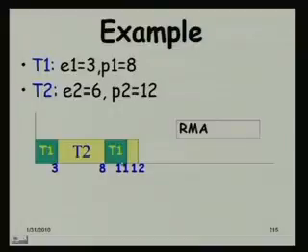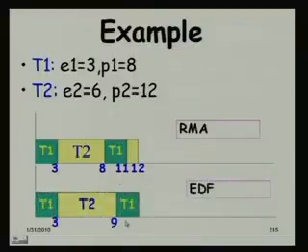If we check the EDF, that is what happens here. T2 will complete and then only T1 will run. On the other hand, here just because T1 had a higher priority, it is preempting as soon as it has arisen at 8 and it will take 3 to complete. Different schedules of RMA and EDF. Looks okay? Okay, let us proceed.